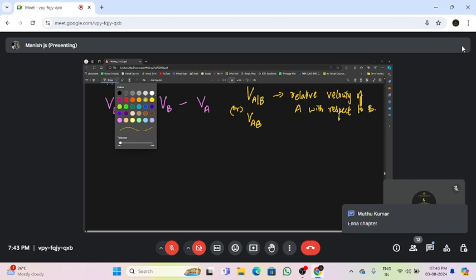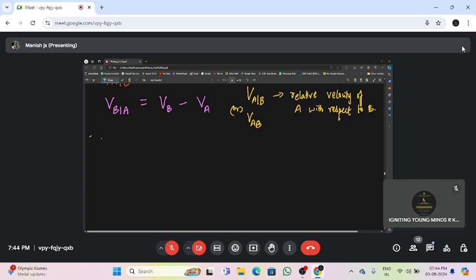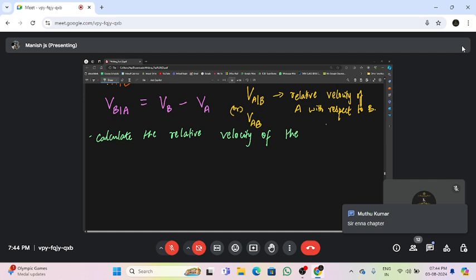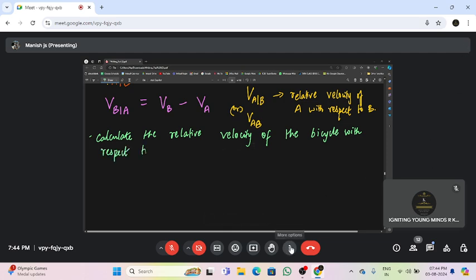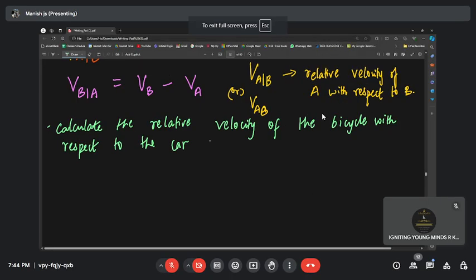So for example, let us take a scenario. In this case, calculate the relative velocity of the bicycle with respect to the car and vice versa.